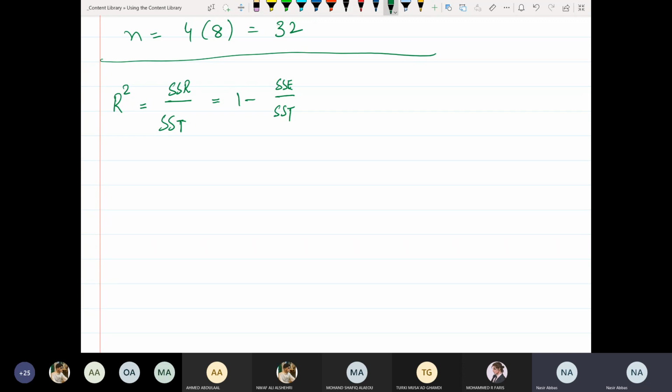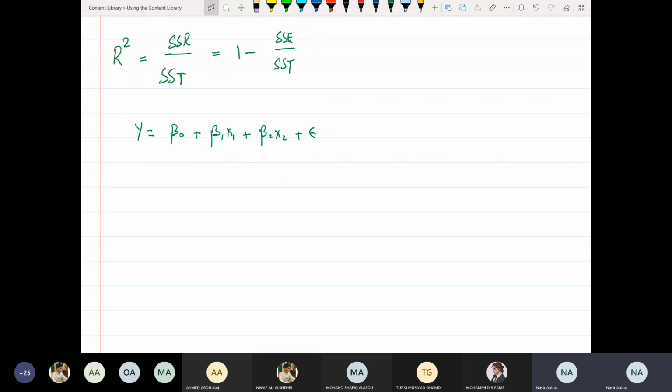In multiple linear regression, you have, let us say, this y as a function of some variables. Let us say you have two variables on the right side. Now, let us say you want to include another third variable.